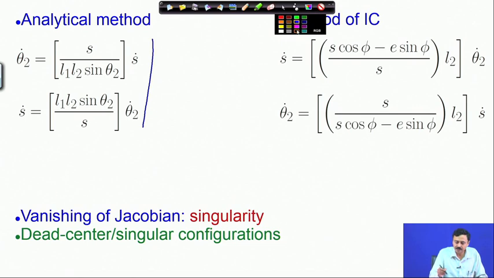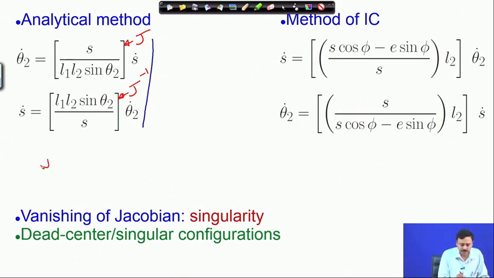So, if I look at the Jacobian, so this is the Jacobian, this is the Jacobian inverse. So, when will the Jacobian vanish? The Jacobian will vanish when S equal to 0. So, J equal to 0 when S equal to 0.